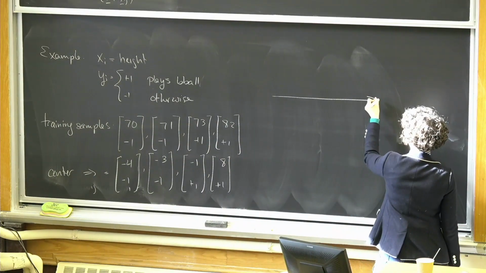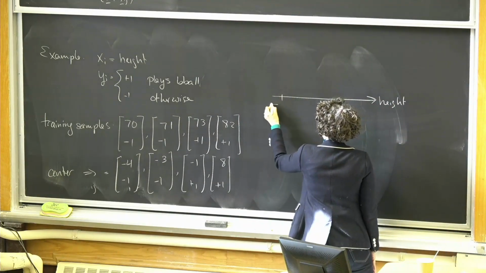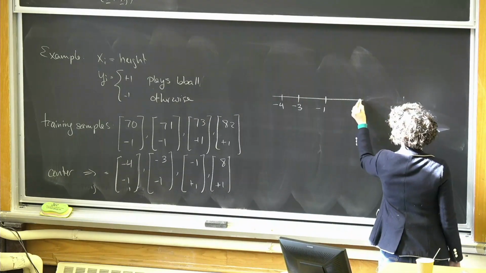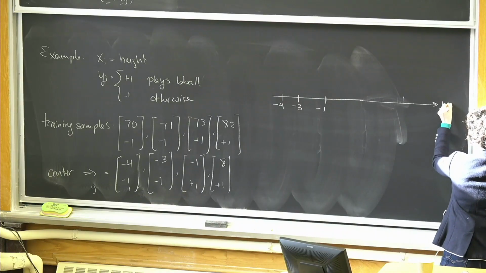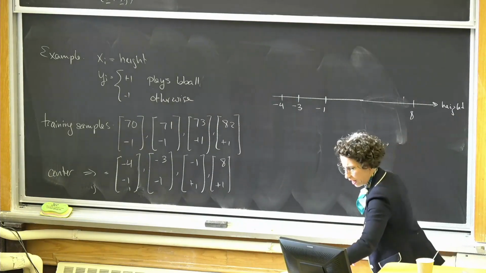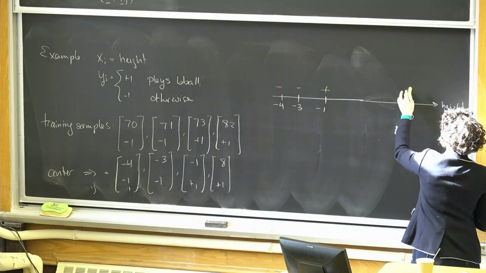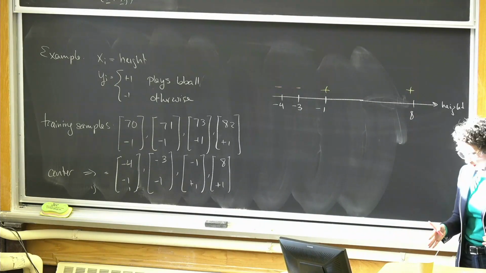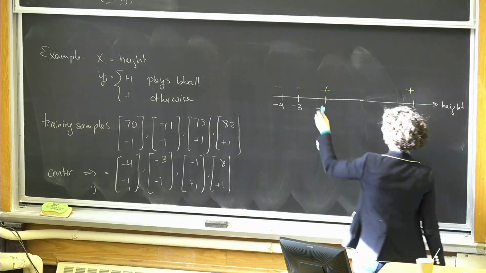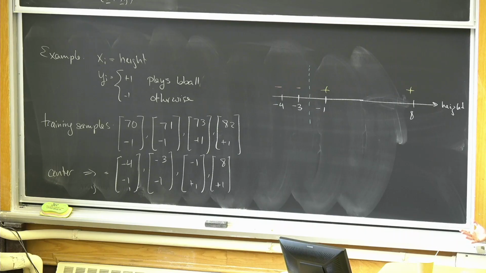On my x-axis I've got height, and I've got samples at -4, -3, -1, and 8. If I think about how these are labeled, I've got my negative samples, and then my positive samples. Just by inspection, it's pretty clear that there exists a classifier that will perfectly classify this data. If I were to just threshold right at -2, I'm perfectly classifying this data.